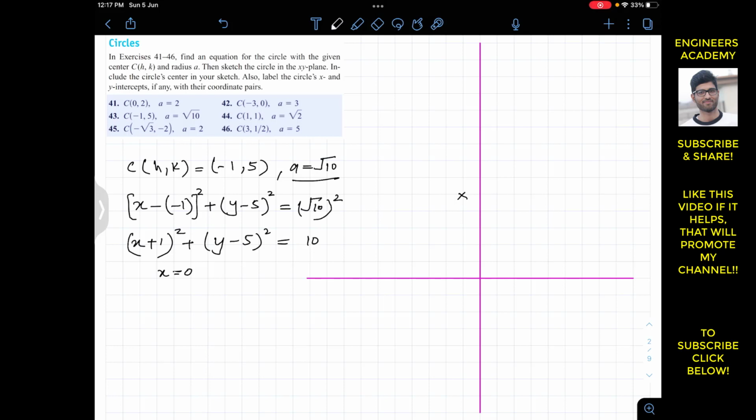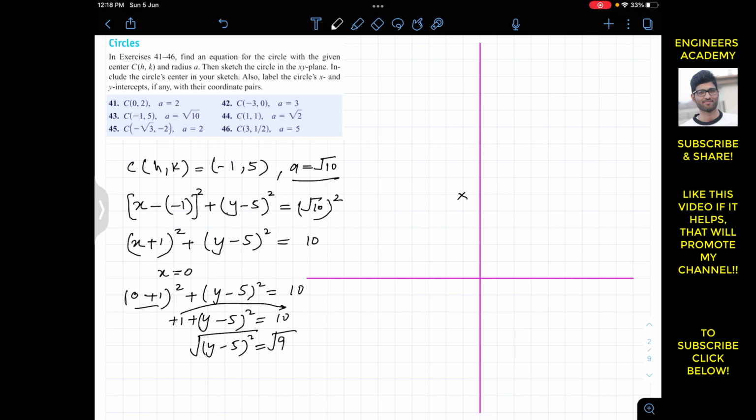Now if we put x equals 0 in this equation, we will have 0 plus 1 squared plus (y minus 5) squared equals 10. This becomes 1 plus (y minus 5) squared equals 10, and if we bring this plus 1 to the other side, it becomes minus, so that will be 10 minus 1. So we can write that (y minus 5) squared equals 10 minus 1, which is 9.